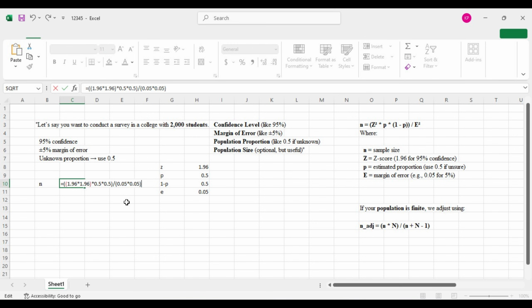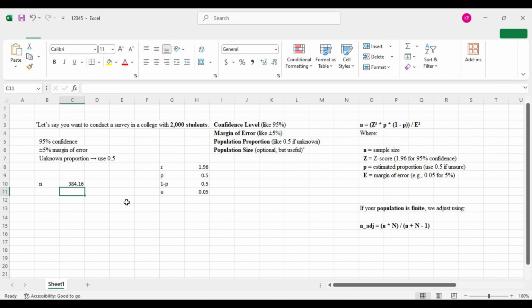Enter. So here we got a sample size of 384.16. If we don't know the population size, we can use this n as the sample size.